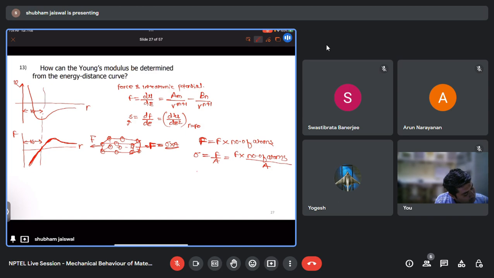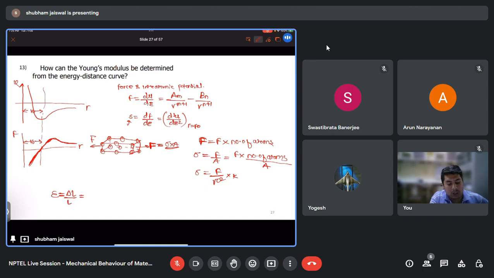So let's consider sigma is equal to f upon r naught square multiplied by some constant k, that will take care of the number of atoms divided by area. Now consider the strain. Strain will be given by change in length minus original length.